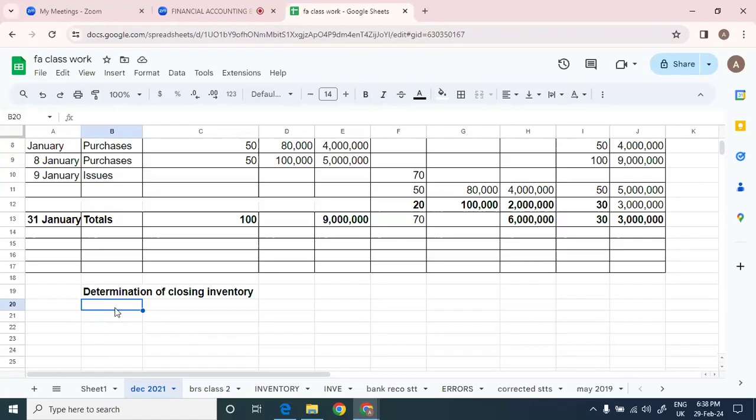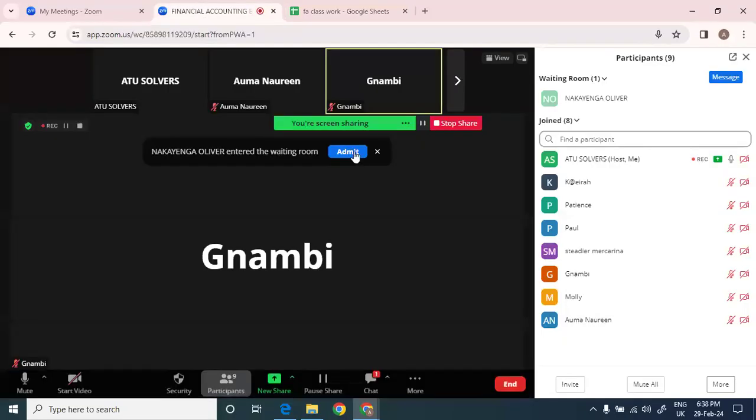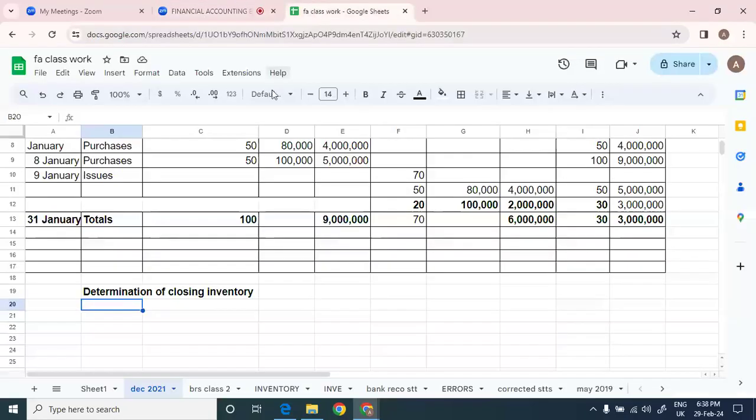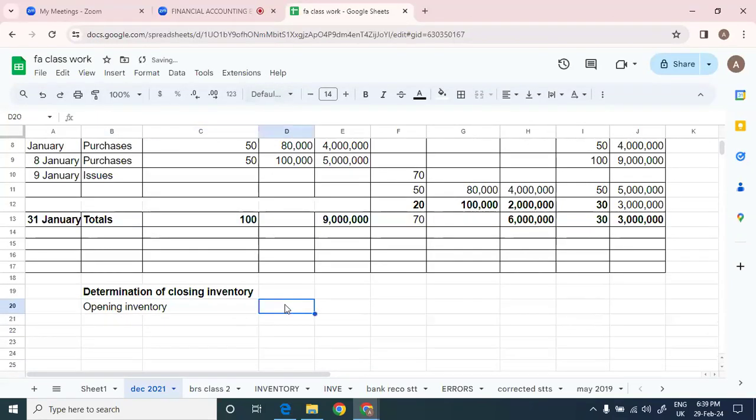We are going to have opening inventory. If we have it, we put it there, but we don't have it, we have a 0.